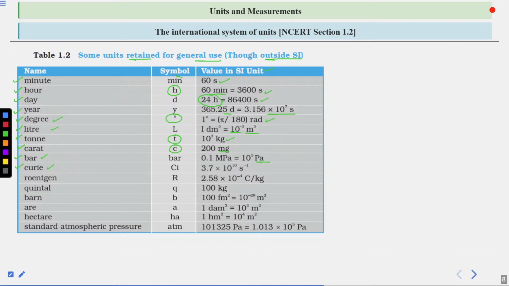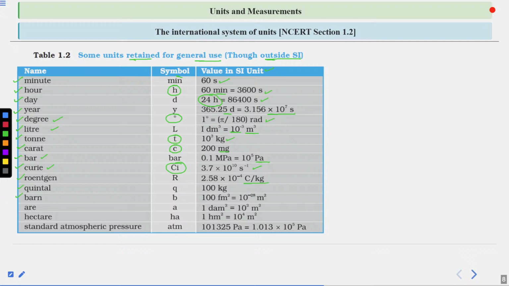Curie is denoted by this symbol Ci, and value in SI system is 3.7 into 10 raised to the power 10 per second. Similarly, this one is Roentgen. Symbol is R, and value in SI system is 2.58 into 10 raised to the power minus 4.